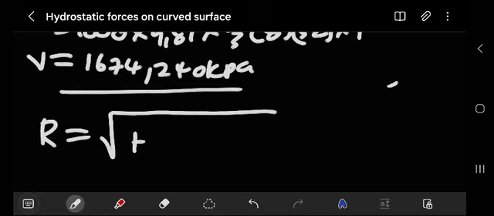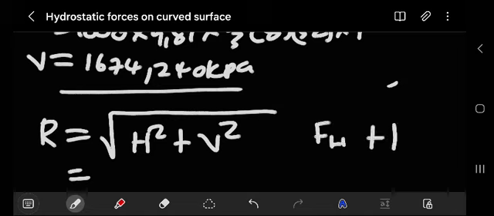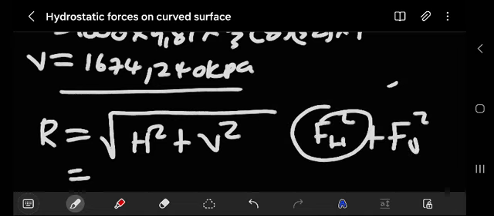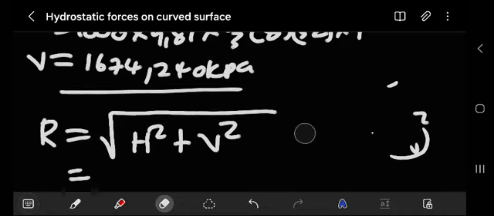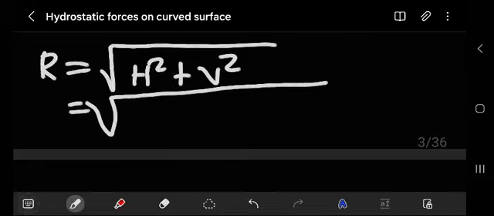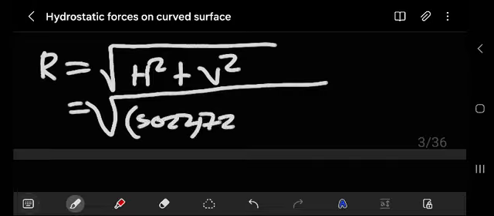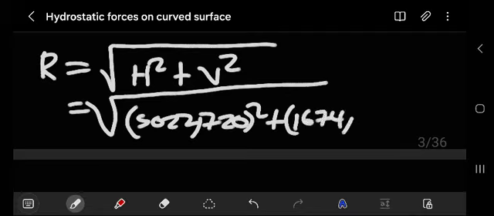Now the resultant, we'll use Pythagoras. We have the horizontal component squared and the vertical component squared. If you want, you can indicate forces like this, you can use F, there's no problem. We have the square root of the horizontal component, 5022.720 squared, plus the vertical, 1674.40 squared.